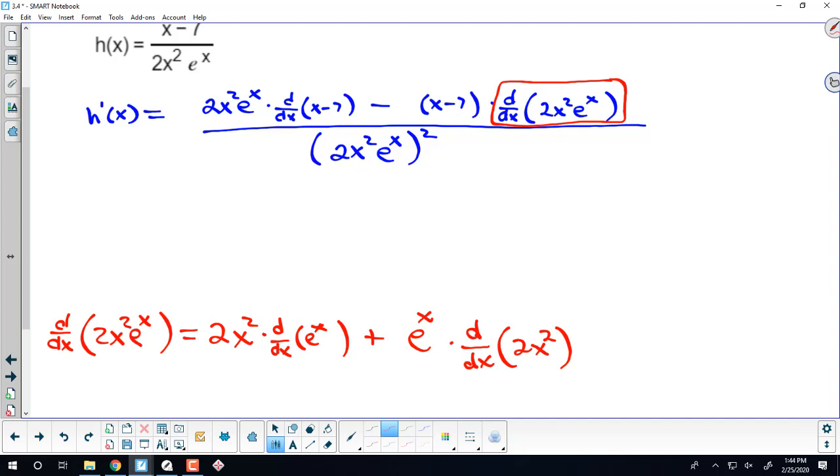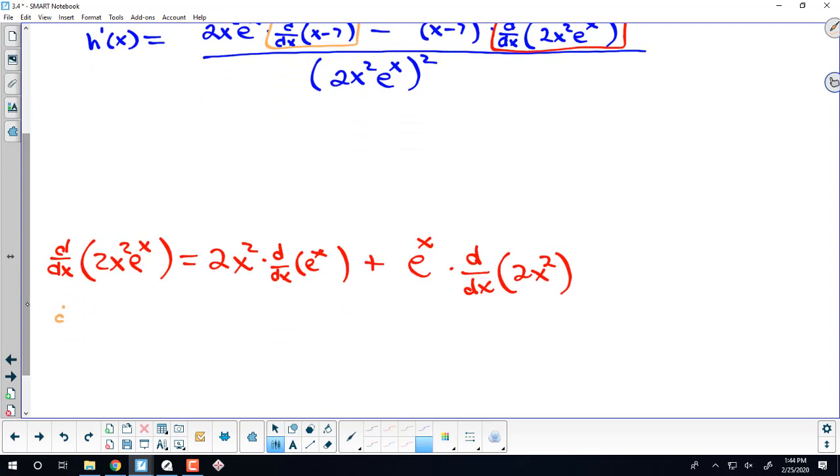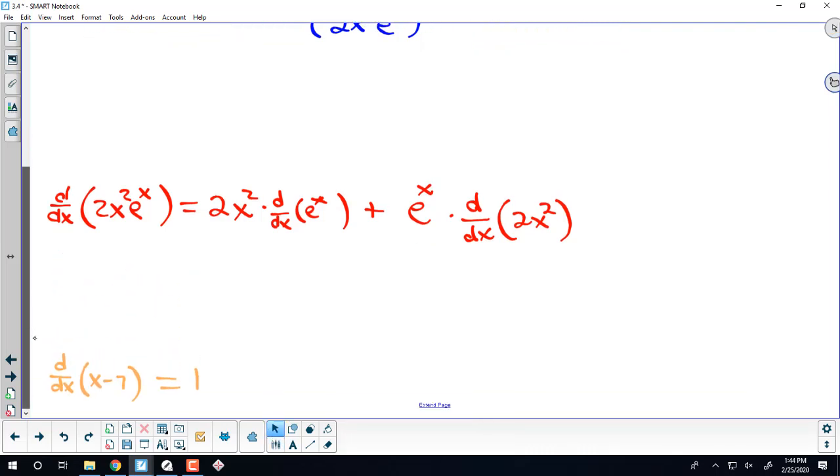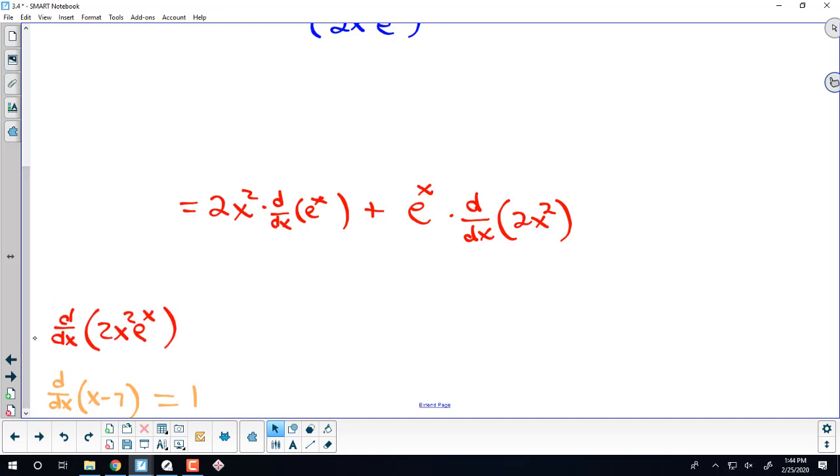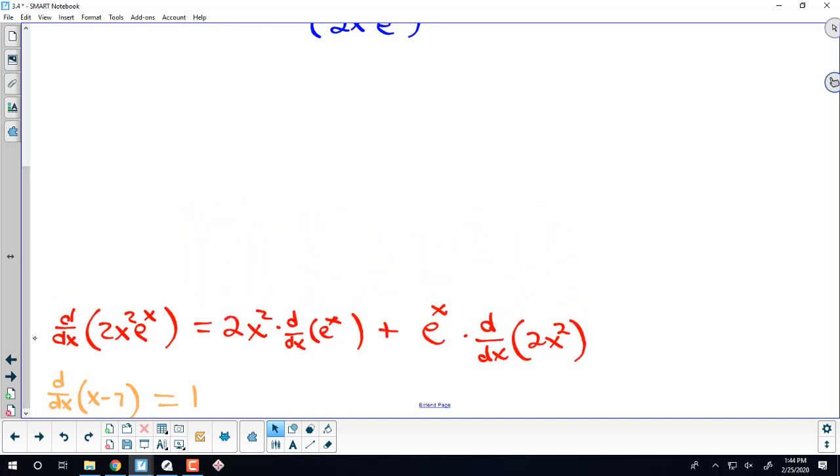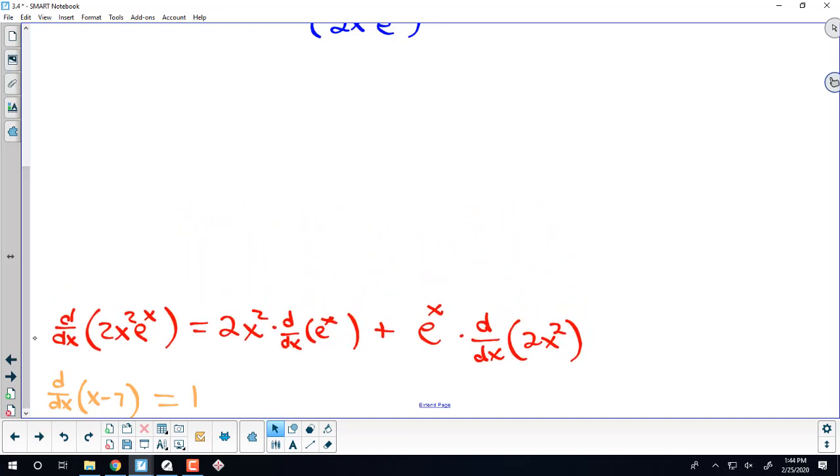And then here, that derivative is of course 1. Okay, I need to move this down.